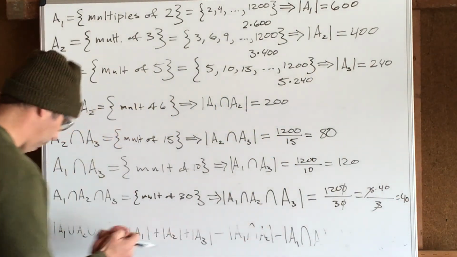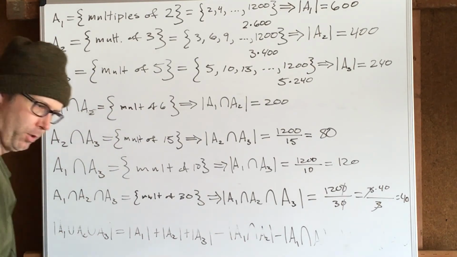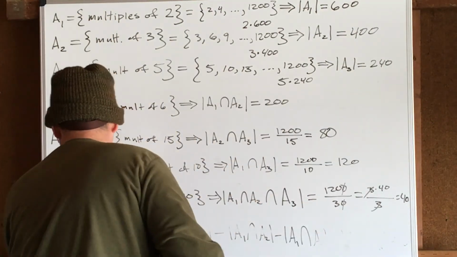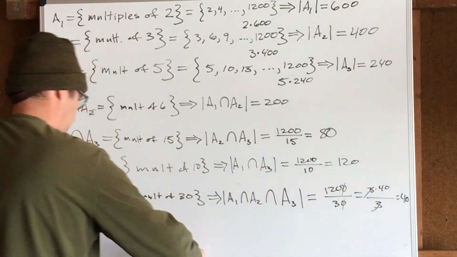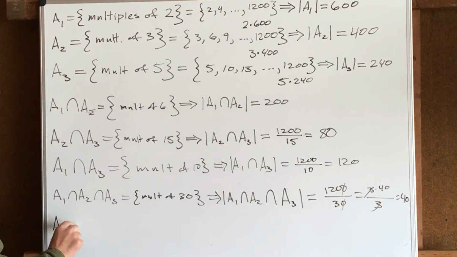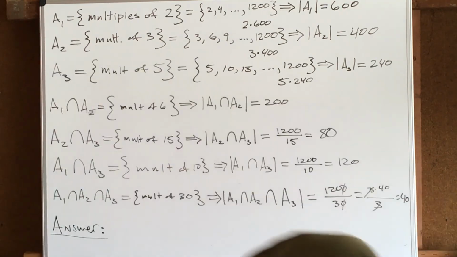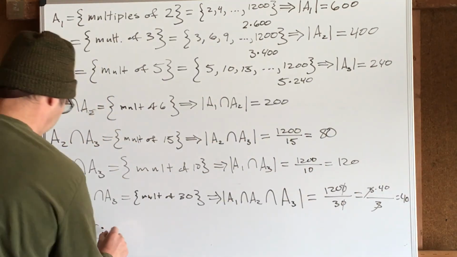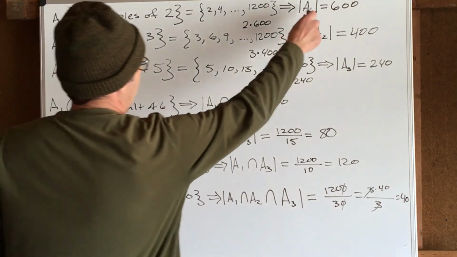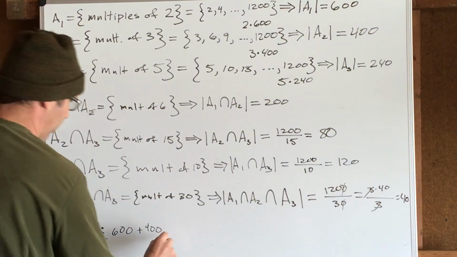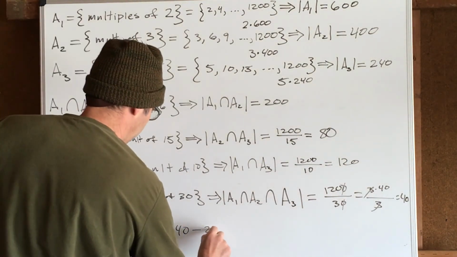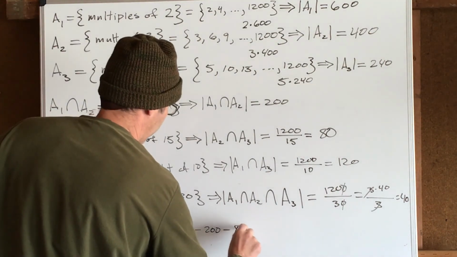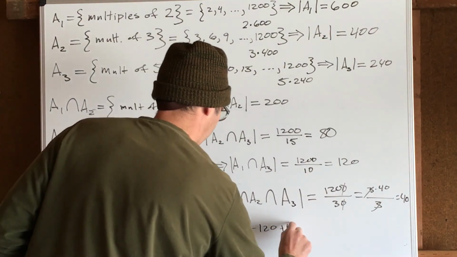So then the answer, when it's all said and done: you've got 600 plus 400 plus 240 minus 200 minus 80 minus 120 plus 40.